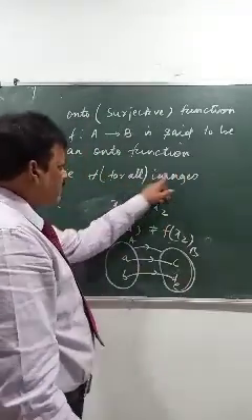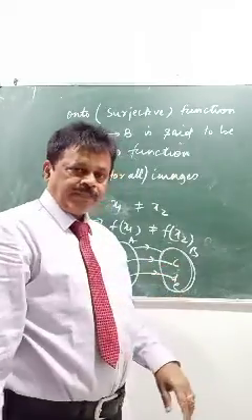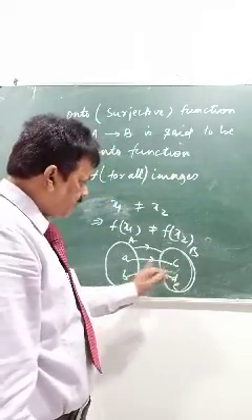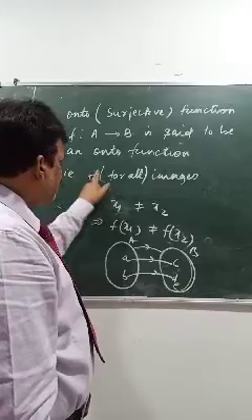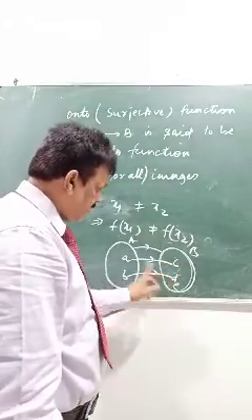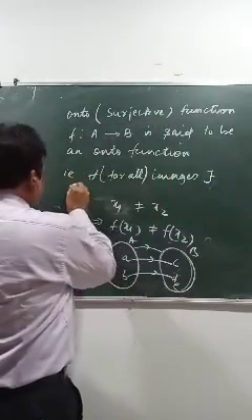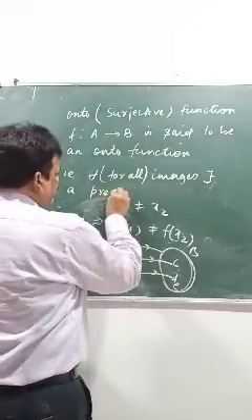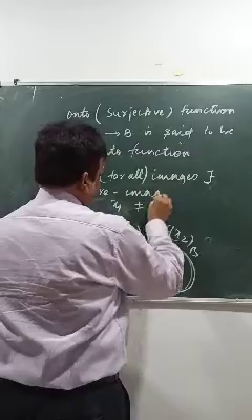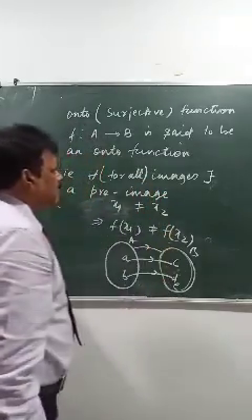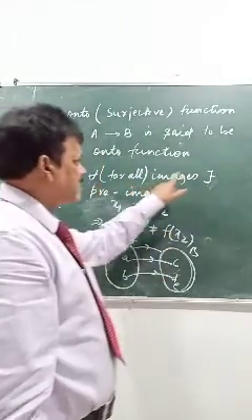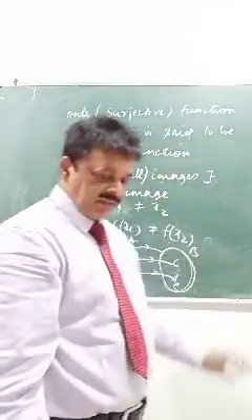When you talk about for all images, means everything has to be related here. So here it is a function, it is one. But when you talk about all images, everything has to be related.